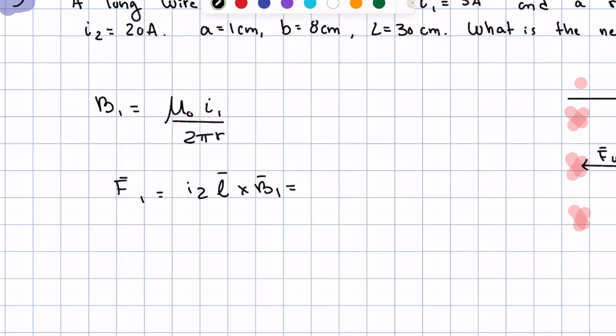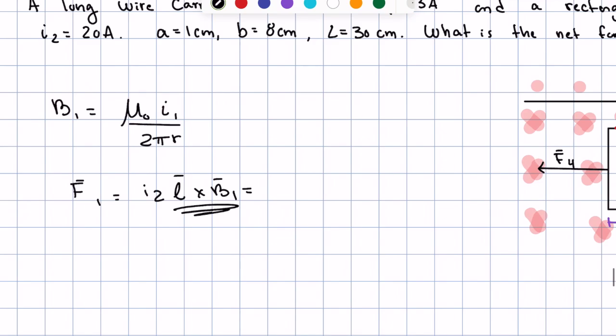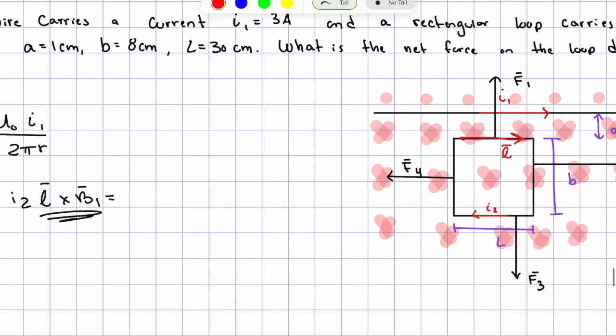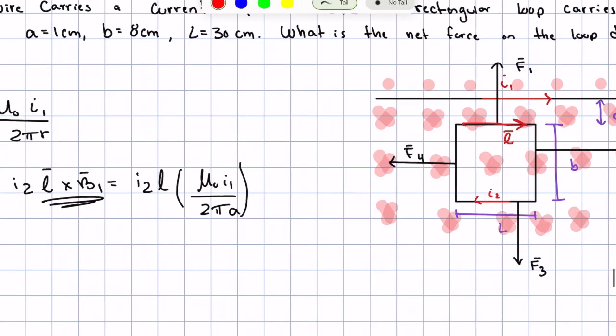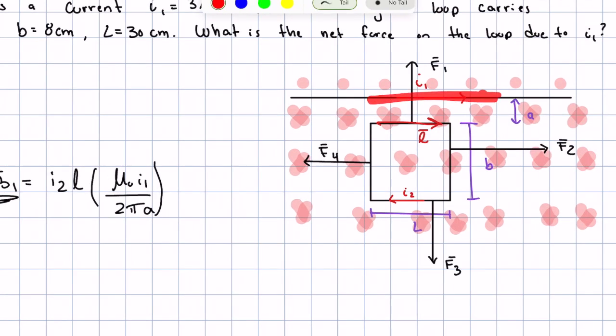And that's going to be equal to, since they are perpendicular to one another, I should have emphasized that, where here we have L and then going into the page we have B1, so they're perpendicular, so sine of that is equal to 1, is going to be equal to I2 times the length times mu naught I1 over 2 times pi times A, because here A is the distance from our current carrying wire to the part of the rectangle that we're talking about, so distance A away.